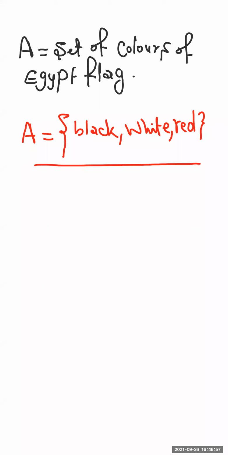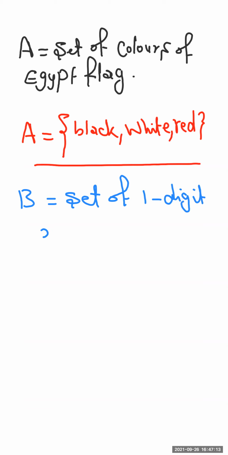The next one, B equal set of one-digit odd numbers. How to solve that one? Actually, guys, we want to write down all the numbers which consist of only one digit and are odd. So simply B will equal the braces.